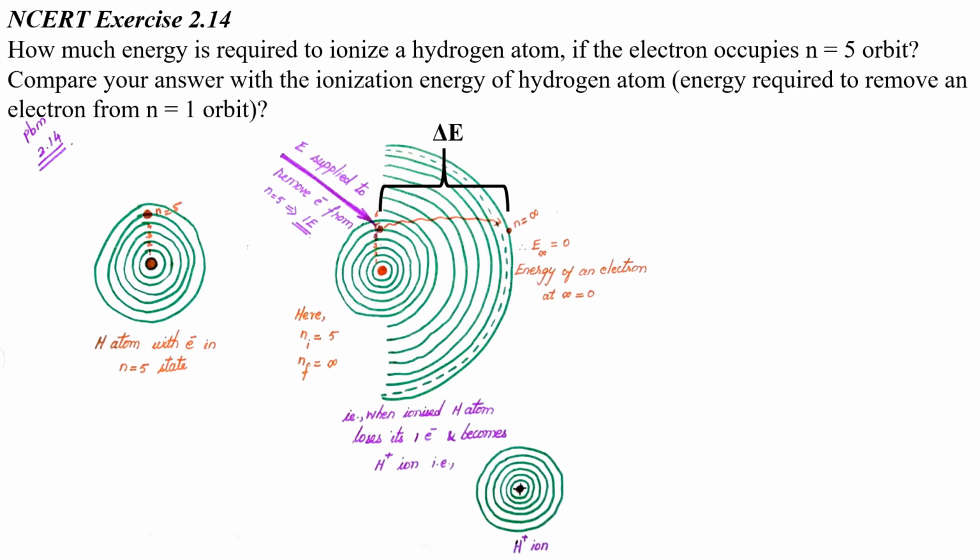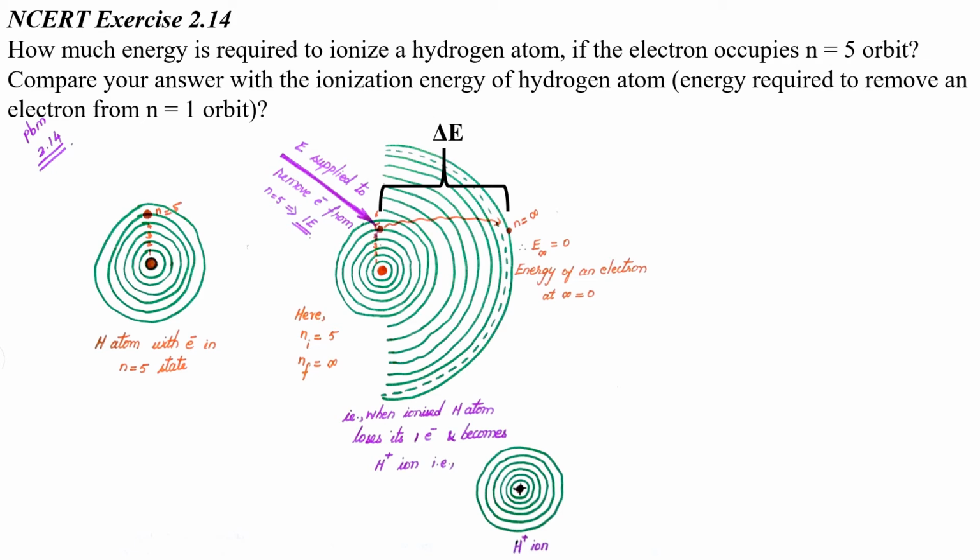You are asked to calculate the amount of energy which is supplied by you in order to remove this electron from the hydrogen atom. It is possible to remove this electron out of the hydrogen atom if a sufficient amount of energy is supplied, such that it absorbs the energy supplied by you and moves to a distance far, far away from the nucleus of the hydrogen atom.